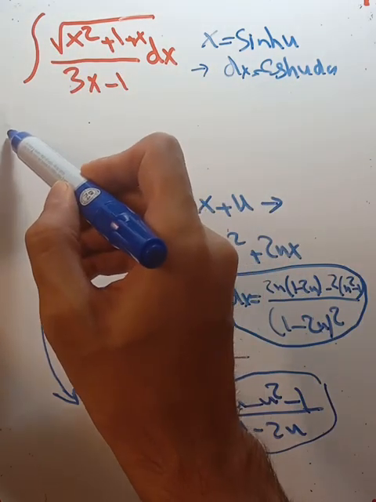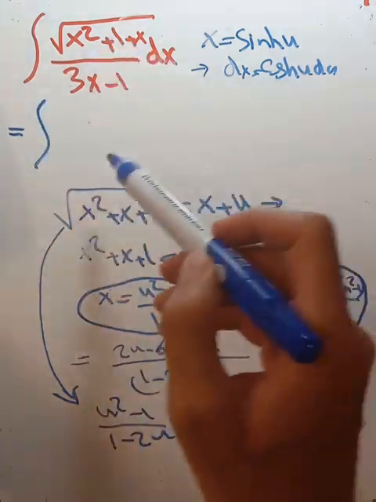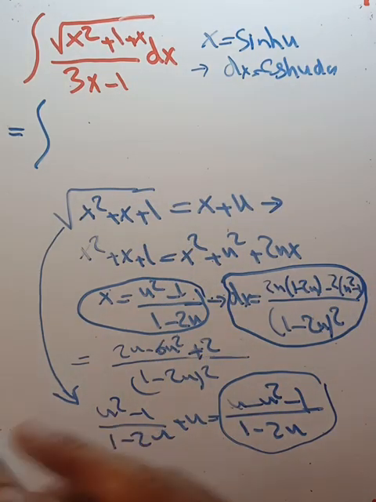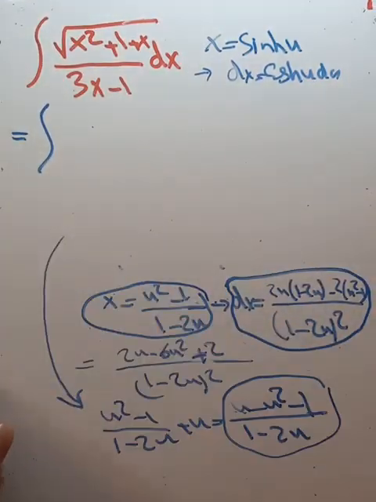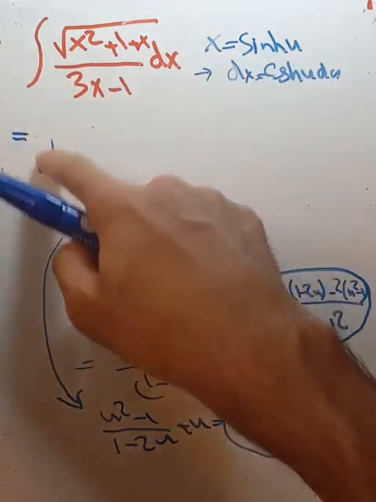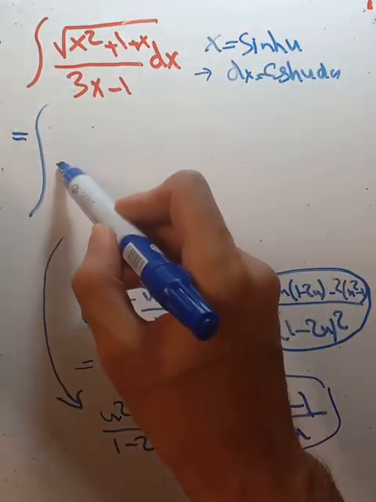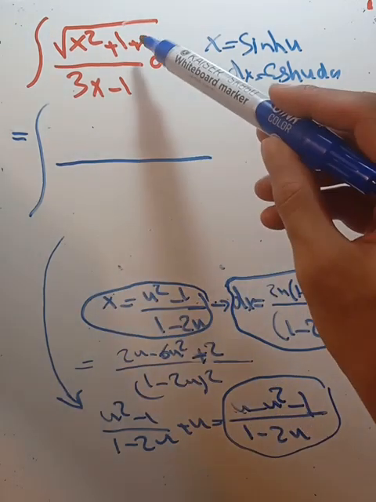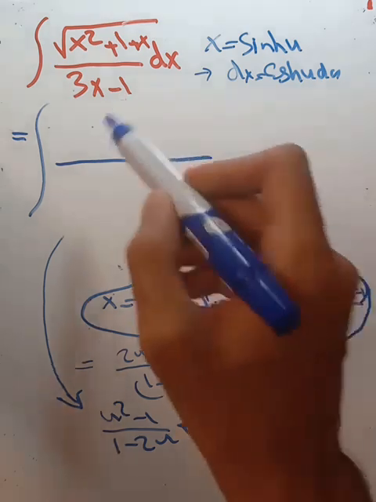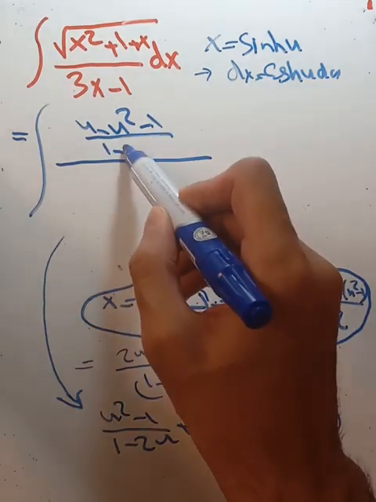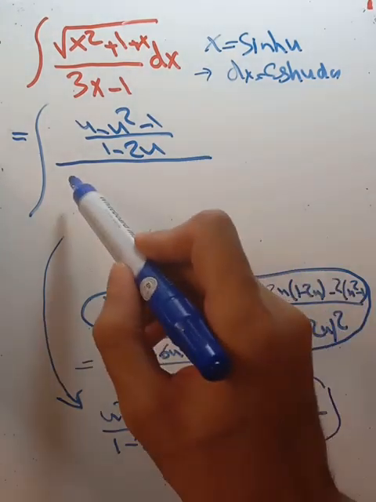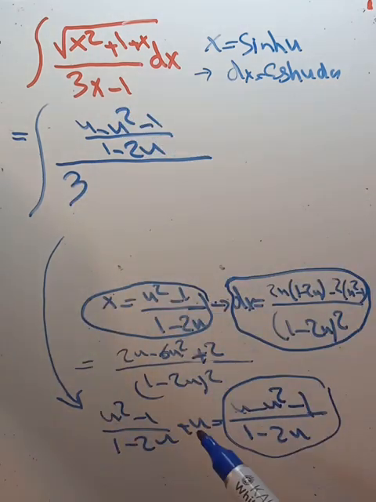So this would be equal to the integral of the square root of this, which is equal to u minus u squared minus 1 over 1 minus 2u, and this is 3, and x is this.